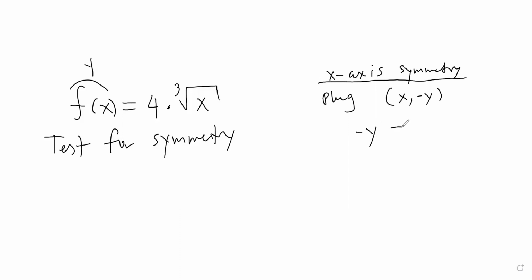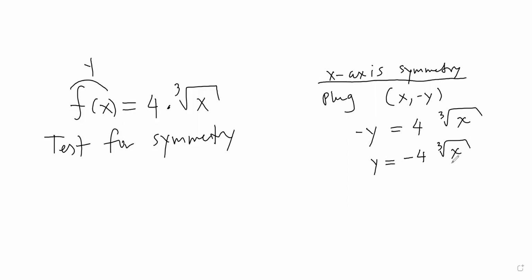So then we'll have negative y equal to 4 times cube root of x, which you can multiply both sides by negative 1. This will be negative times that, right? Therefore, we can have this. So let's write it like this.